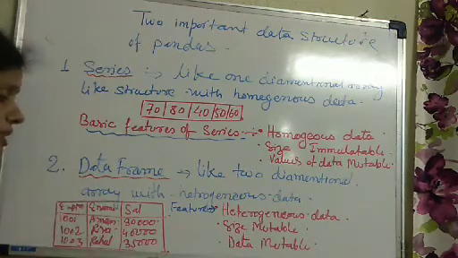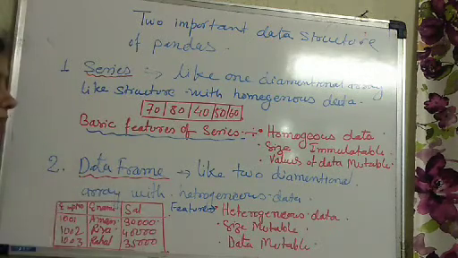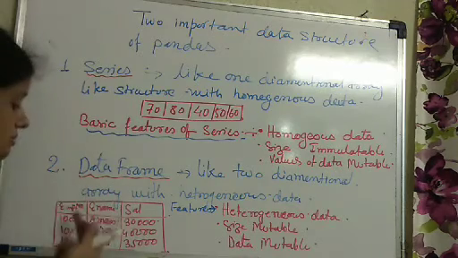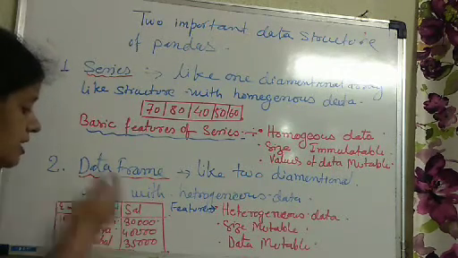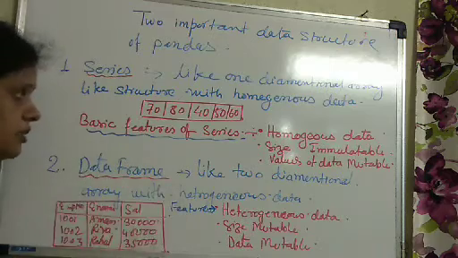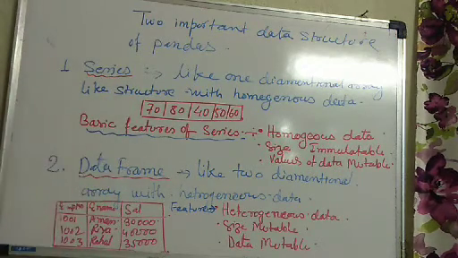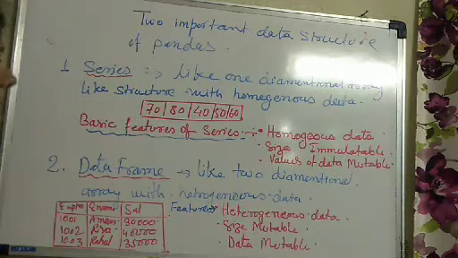Each series contains homogeneous data, but together the data frame contains heterogeneous data. Clear? And series is a single-dimensional array. So we will start with the series, its various functions and various work on series.